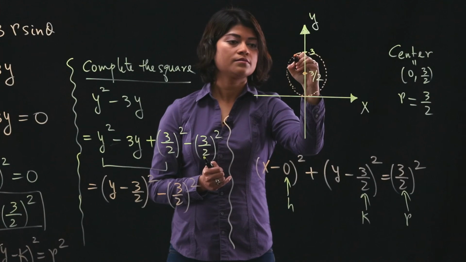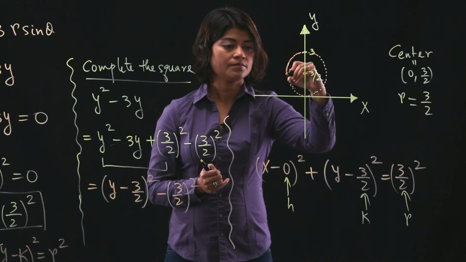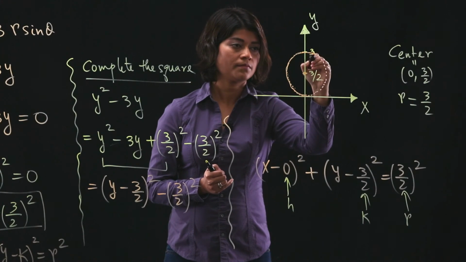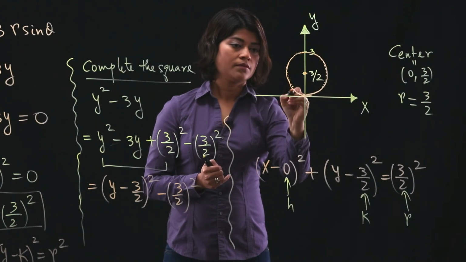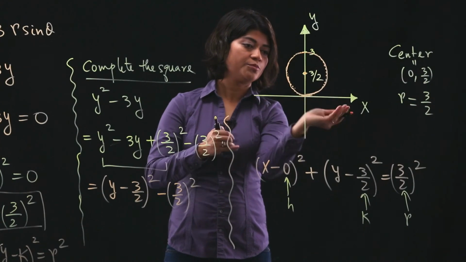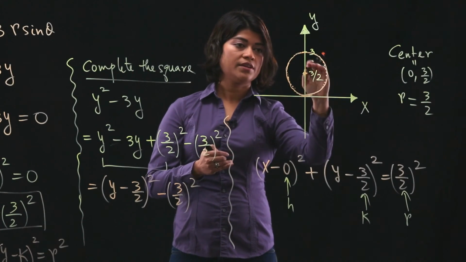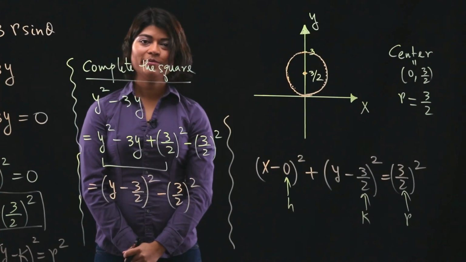So this is roughly what the graph will look like. So the x-axis is going to be a tangent line, and it has a center of 3/2 and radius 3/2. That completes the problem. Thank you.